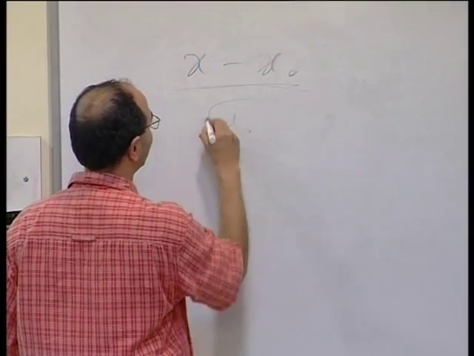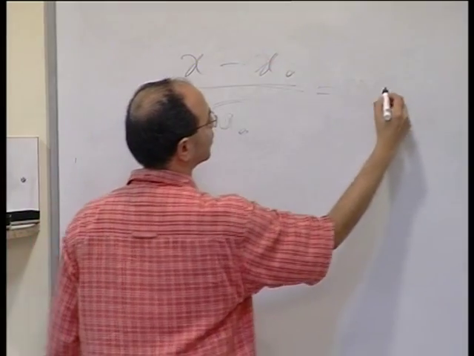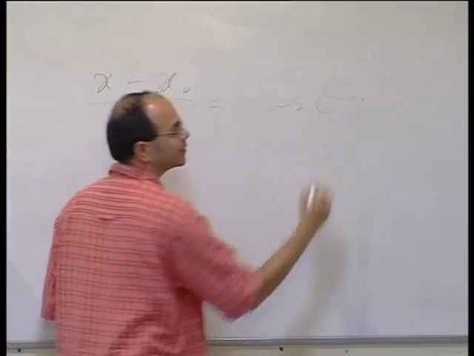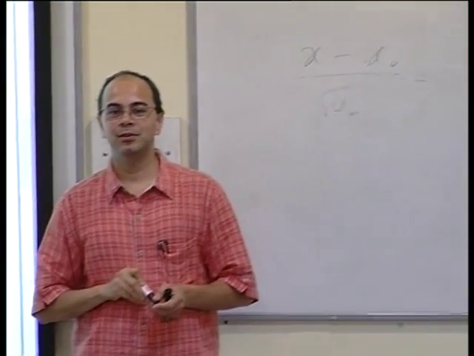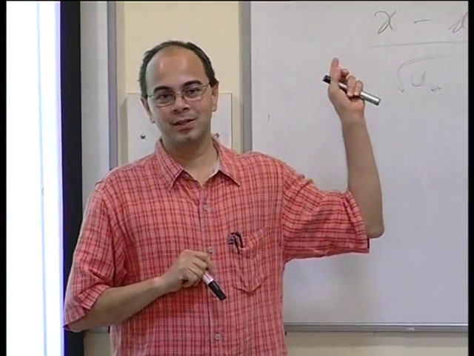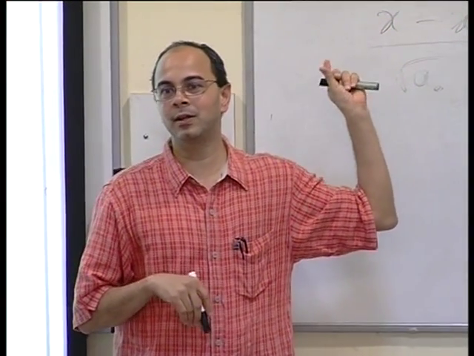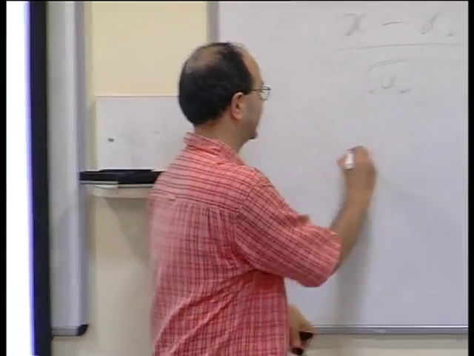x0 over square root of a0 is equal to cosine of x. What will that give you? What's dx?